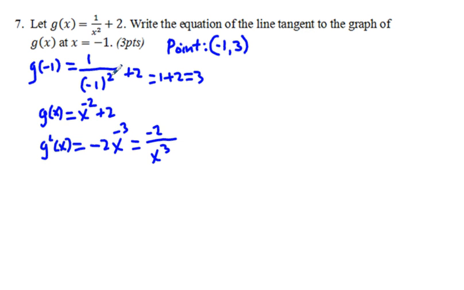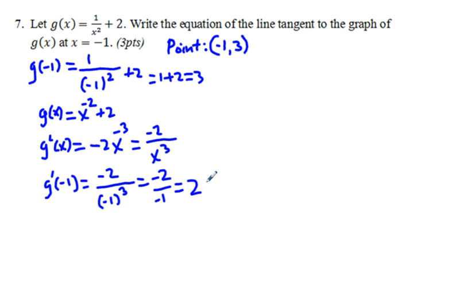And now we're going to substitute in -1, so g prime of -1 is going to be -2 over (-1) cubed, which will be equal to -2 over -1, which equals 2, which is our slope.